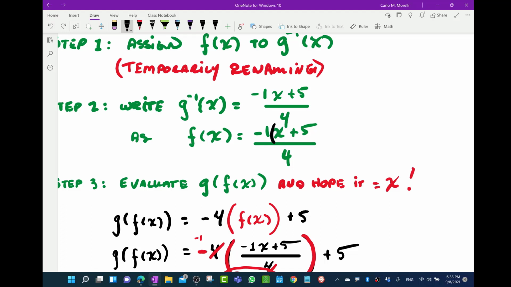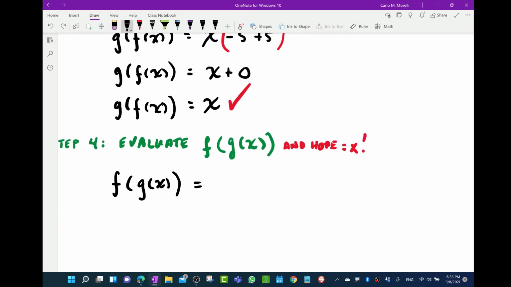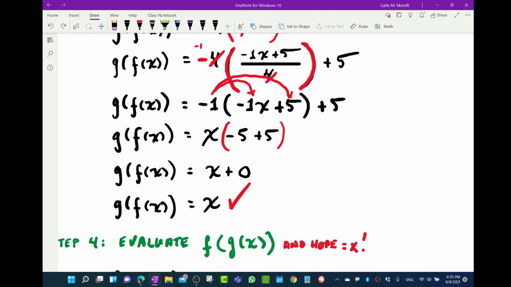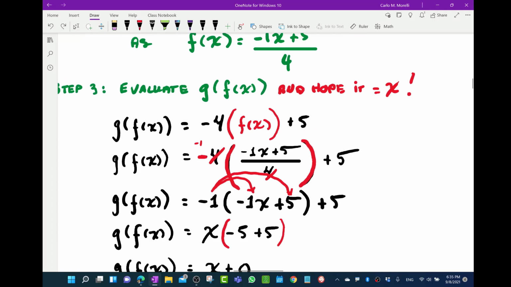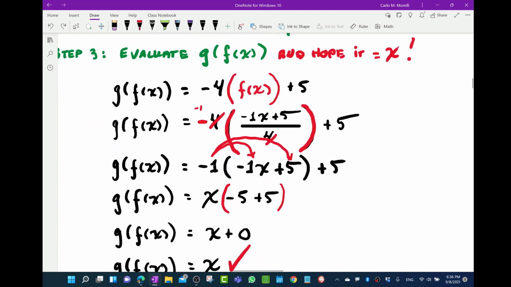And then we'll substitute in what g of x is. So let's write negative 1, open parentheses, g of x, close parentheses, plus 5 over 4.